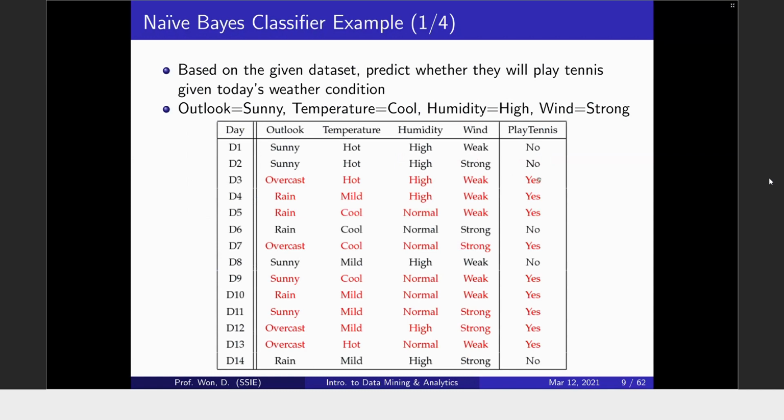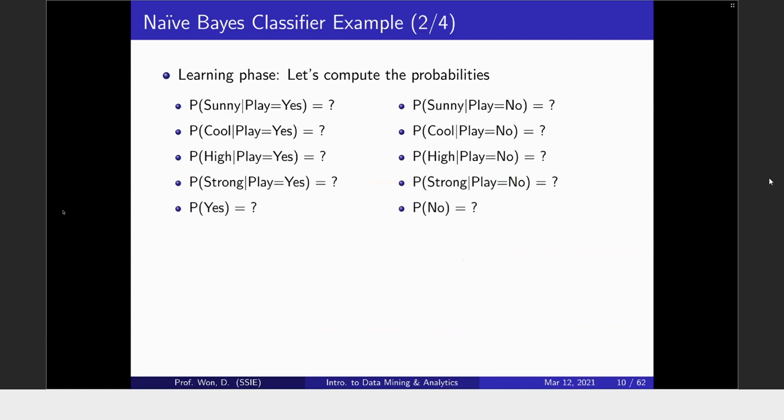Because we have 14 samples, we just count how many times we go outside. For example, 1, 2, 3, 4, 5, 6, 7, 8, 9. So out of 14, we are playing outside 9 times. Then this one is going to be 9 divided by 14, right?